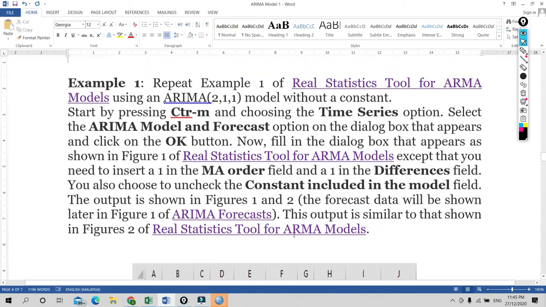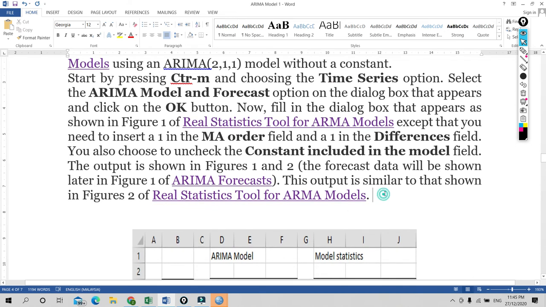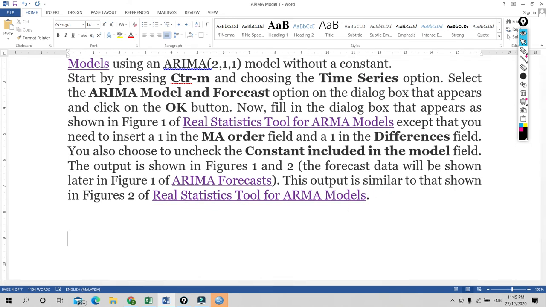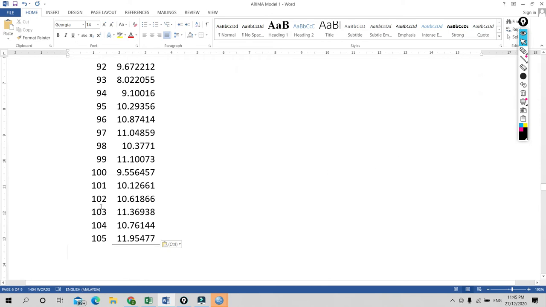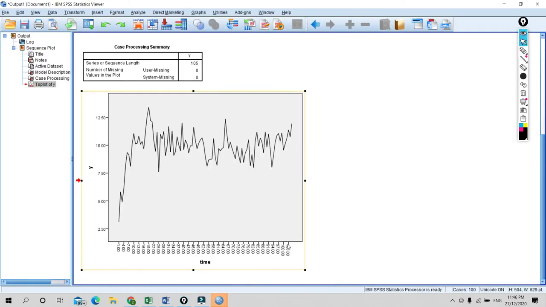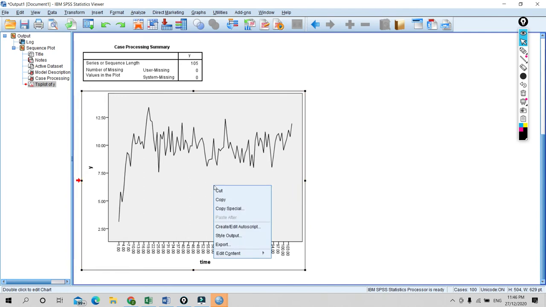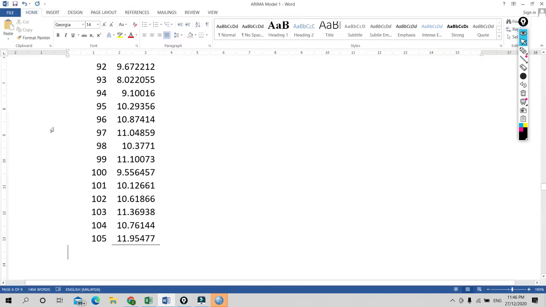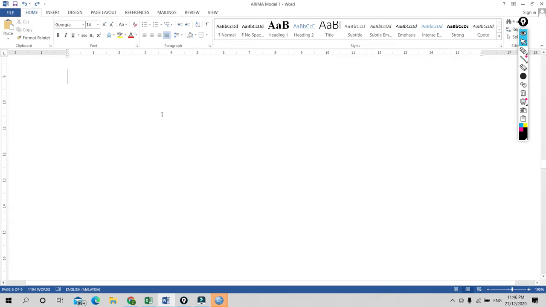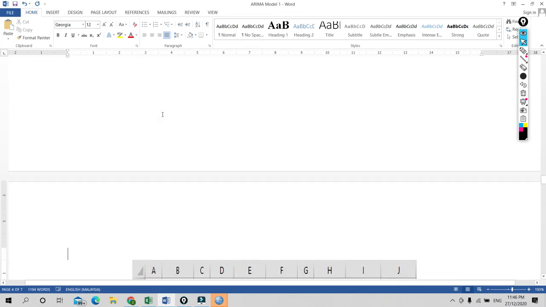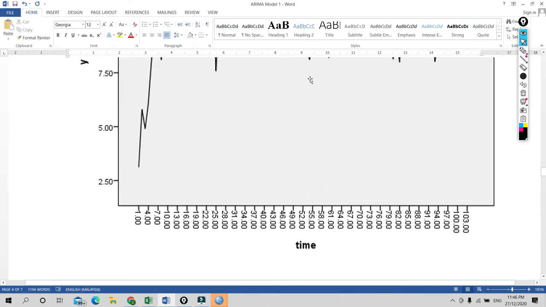Now, if you look at this graph, copy this one. Look at this graph.